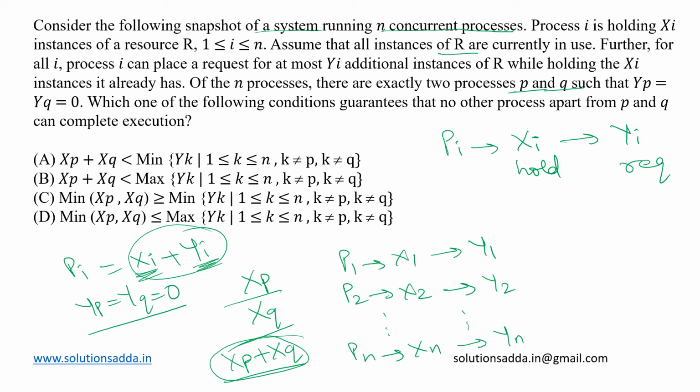For example, let us consider P1 and P2 are those processes such that y1 and y2 are both 0. So now these P1 and P2 can execute using the total of x1 plus x2 resources, and after completion they will release these for other n-2 processes for executing.